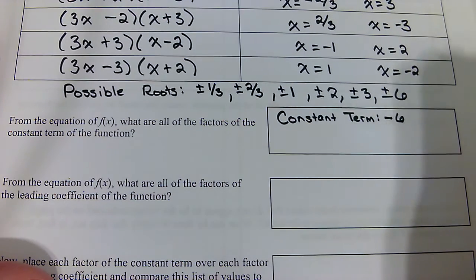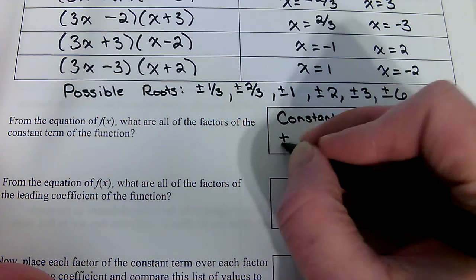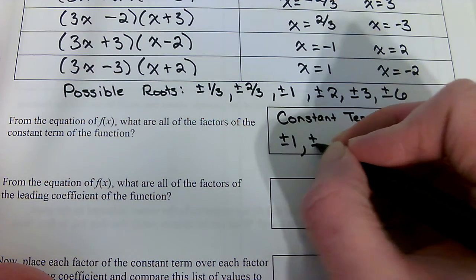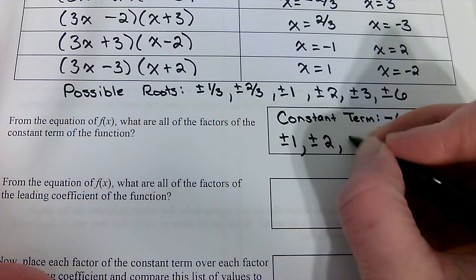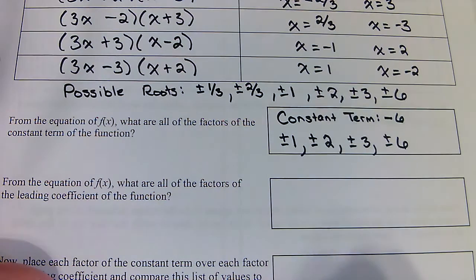What are the factors of 6? Or what would multiply to give me a negative 6? Well, I could have a positive or negative 1, positive or negative 2, positive or negative 3, and a positive or negative 6.